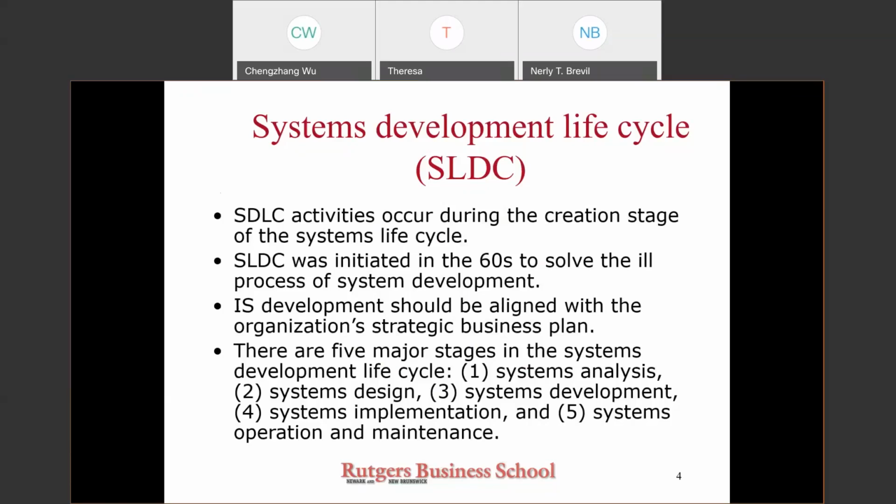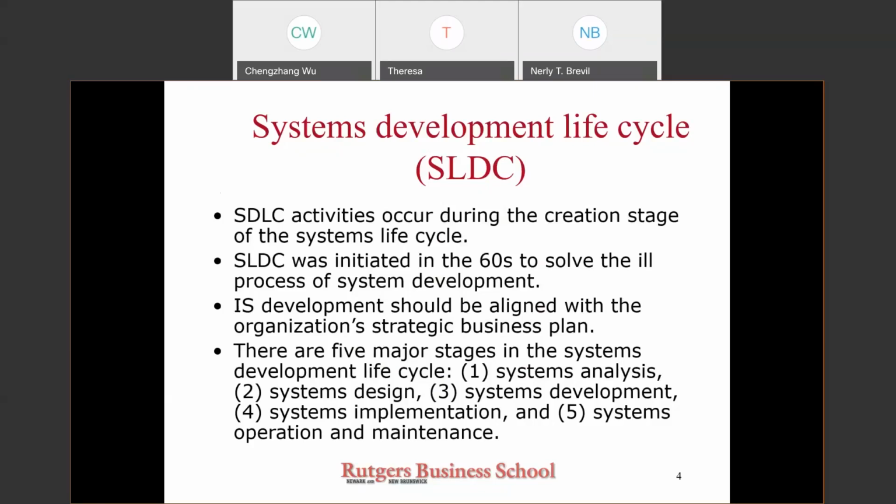There may be a slight variation of these 5 stages in practice. For example, the development and implementation stages may be collapsed into one stage, or the design and development stages might be classified together.